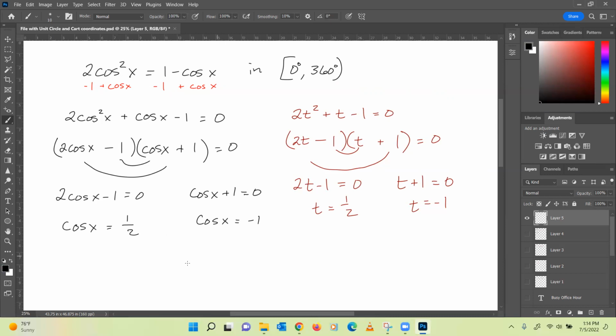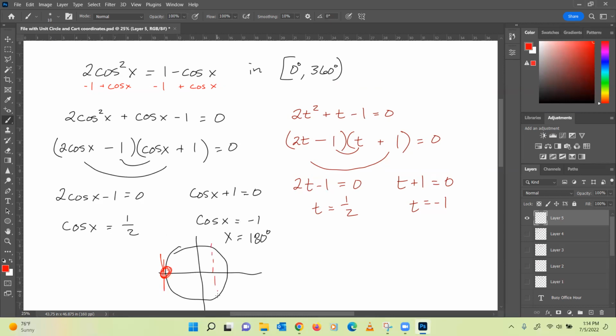All right, let's go to our unit circle, or skittle, such as you draw. Where is the cosine equal to -1? Well, once again, cosine are the x values, and that equals -1 right here at 180 degrees. Where does cosine equal 1/2?